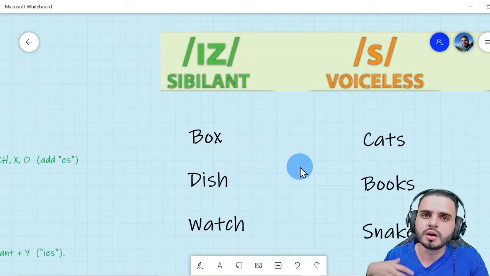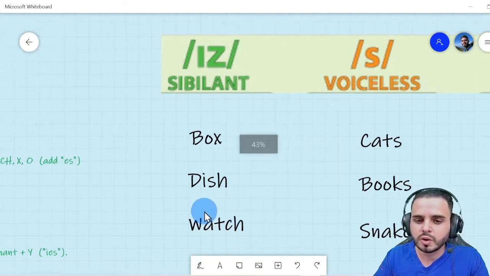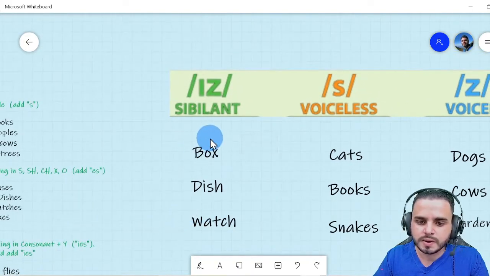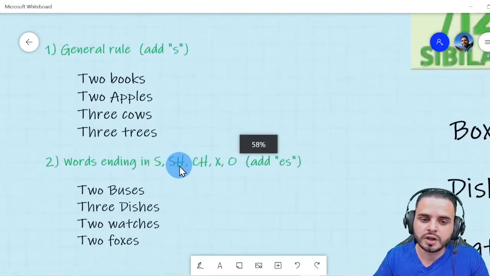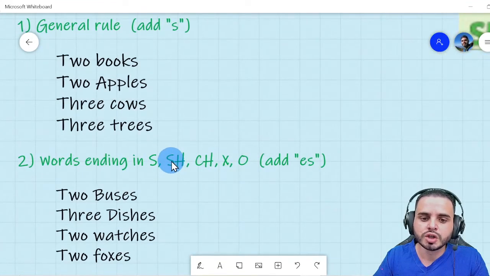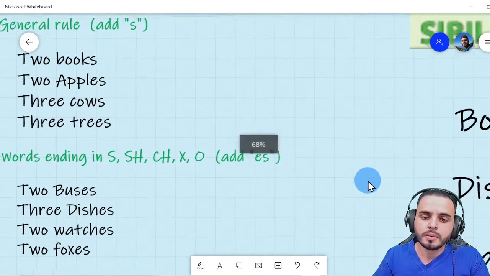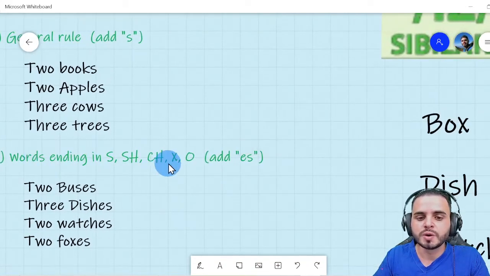So we just say k, and it stops. But for these sounds, notice that these sounds are the same that we have in here: s, sh, ch, and x, s, right? Well, we just leave out this one, the O sound, because that's a vowel. But for the rest, notice that they are sibilant sounds.